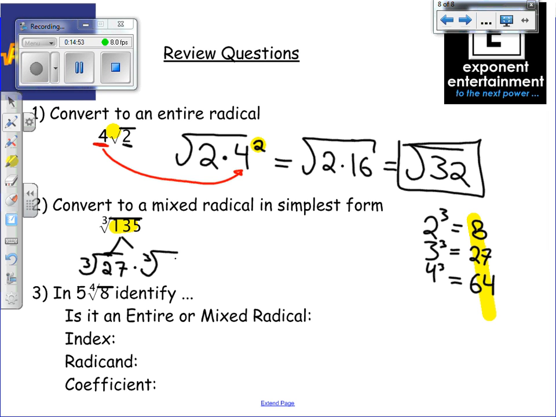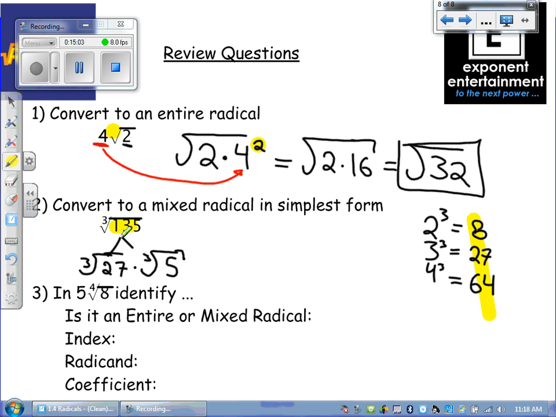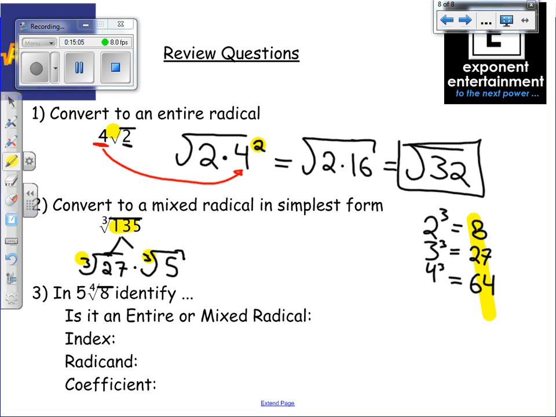Don't lose your cube signs. These right here on the index, they don't go away. They always stay the same as that one. On your assignment, those are already disappearing. Don't let them disappear. Okay, the last part. What's the cube root of 27 actually equal to, Joe?